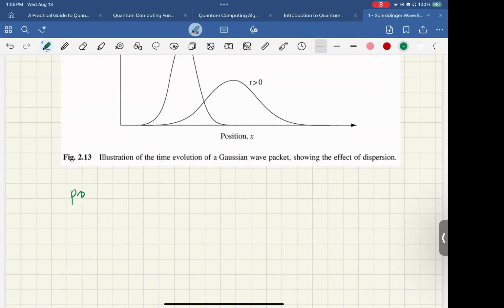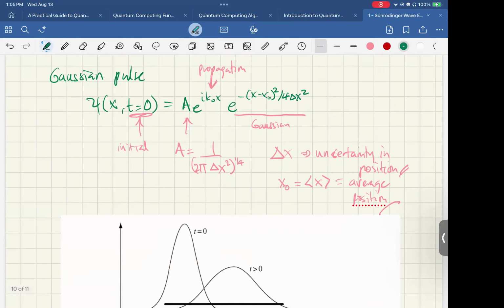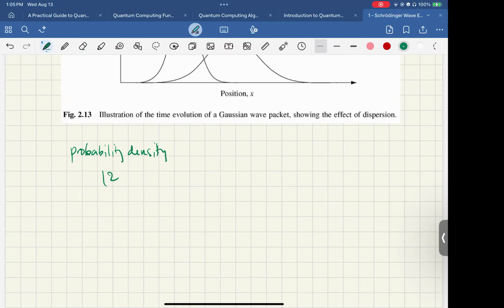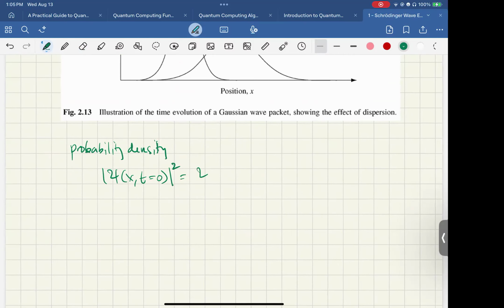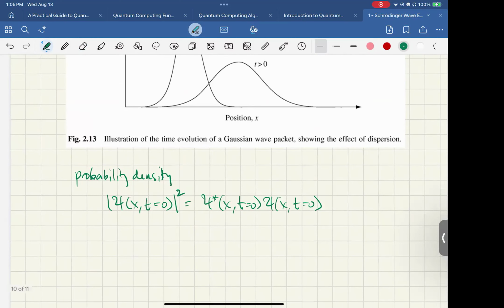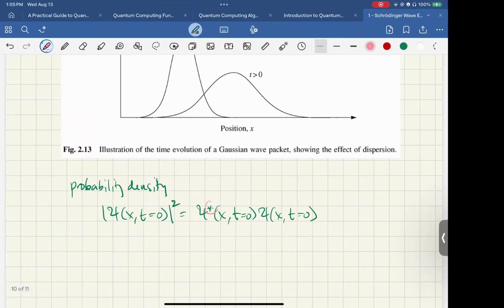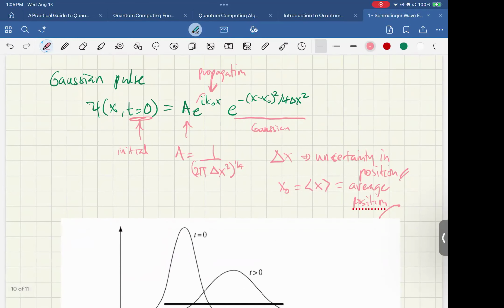So what is the probability density? Remember, the probability density is given by psi of x, t, in this case t equal to 0, squared, or psi star x equal to 0 times psi x equal to 0. And the effect of the complex conjugate in this equation is to change the sign of this.